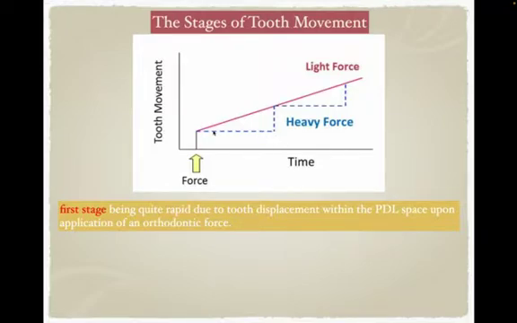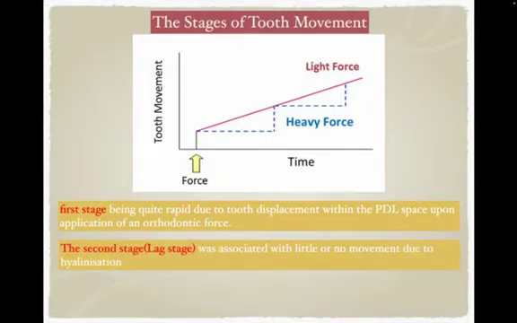This stage we call the lag stage, the second stage. Lag means nothing is happening, and as you can see here, the time is passing and the tooth is not moving, and then all of a sudden the tooth will jump because all the bone is resorbed, and that we call the post lag stage.